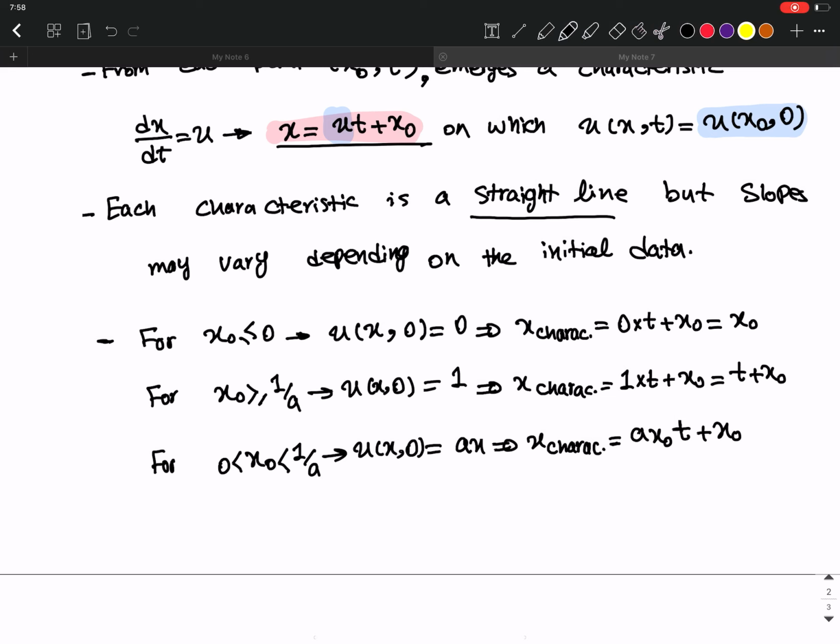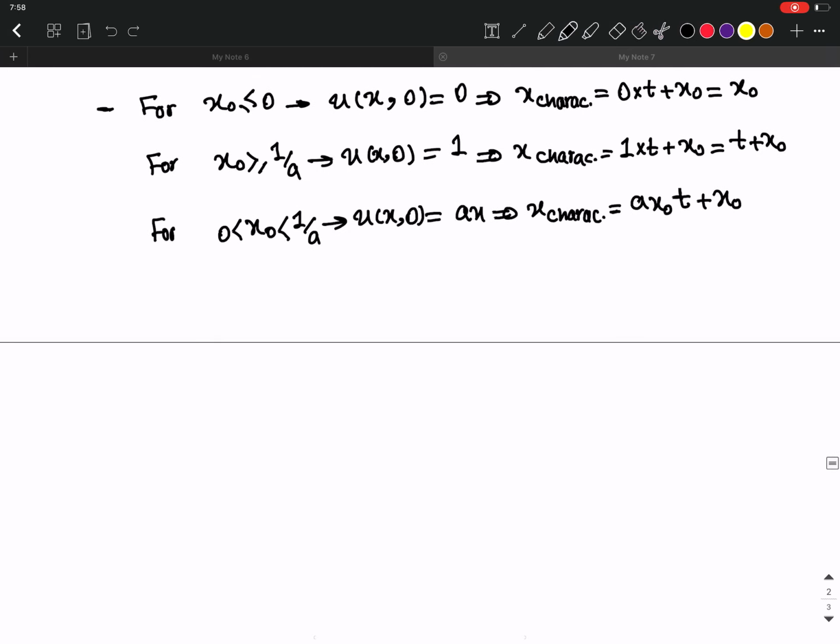So you see that my characteristic is always a straight line, but the slope varies. The slope here is going to be infinity, here is going to be 1, and here is going to be ax0. So now let's plot it. I think you will understand it better if I plot it.